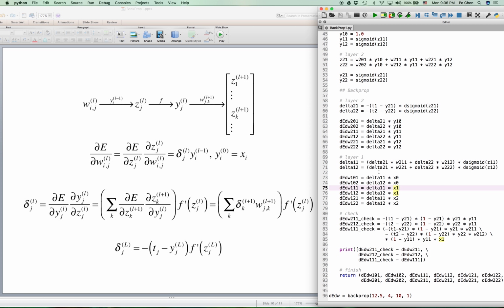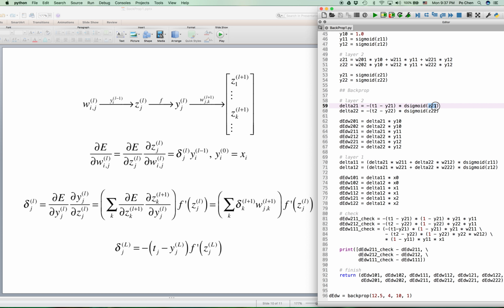So to compute the 2 deltas at layer 2, we can just use these two equations directly, right? We need to use the ground truth t1 and t2, and also the derivatives of the sigmoid function evaluated at the logits z21 and z22.